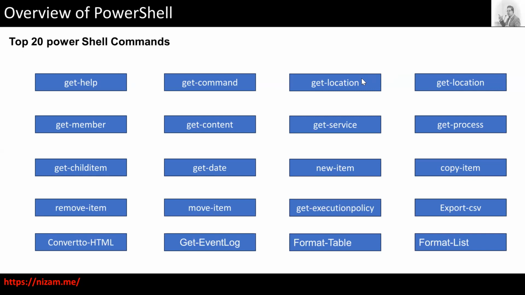As an example, there is a command here called Get-Service. Under this command there might be a lot of other parameters, and I do not need to memorize those things. I just say Get-Help Get-Service, and it will give me all the details about the Get-Service command. So this is the way we write our code.